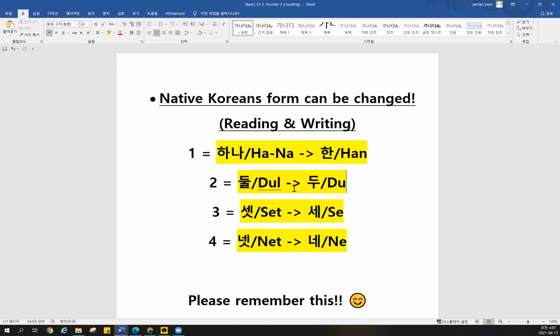How about the 3? Original was 셋, but the changing form is what? 세. All right. How about the number 4? Previous one was 넷, but the changing form is 네. All right. So please remember this one.